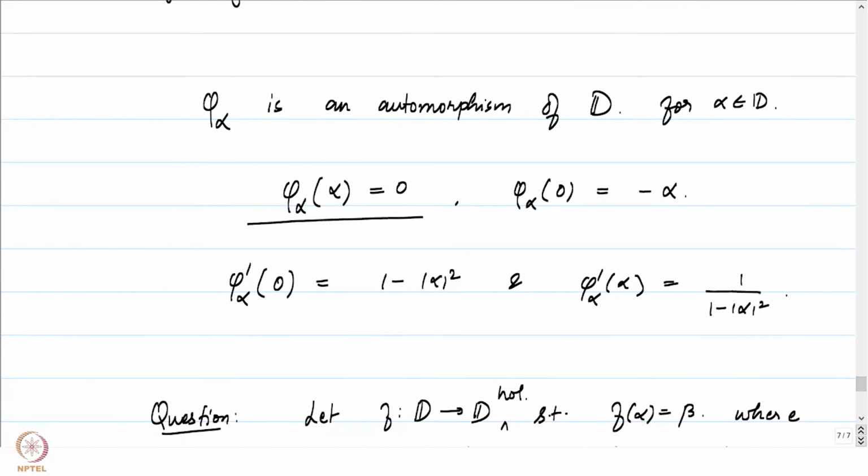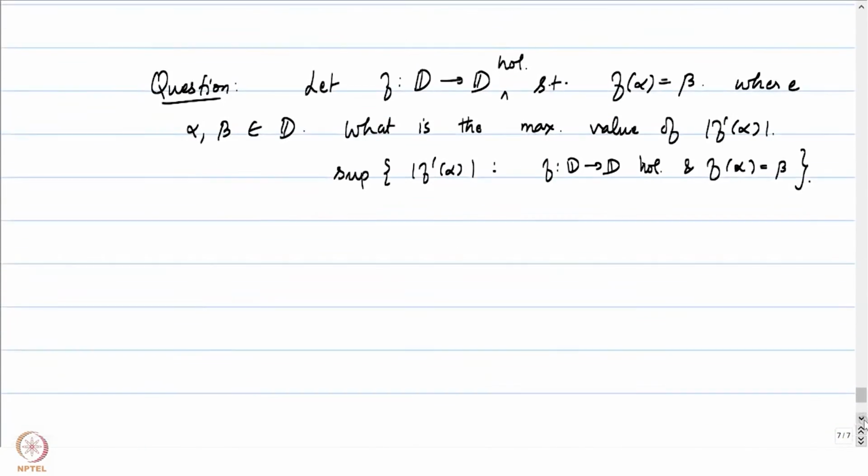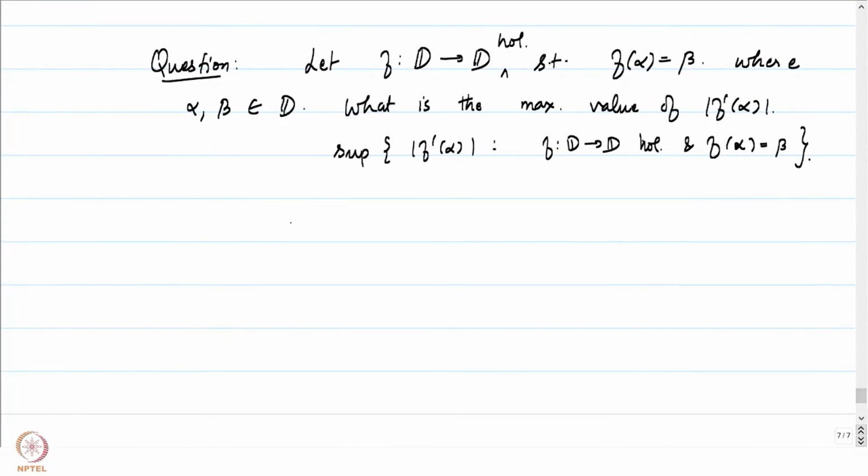Now let's try to answer this question, and the first thing to remember is that phi alpha of alpha is 0 and phi minus alpha of 0 is going to be equal to alpha. Both are things which we should be using very crucially here, because if you compose f with phi minus alpha, then phi minus alpha will take 0 to alpha and f will take alpha to beta, and if you compose further with phi beta, beta is going to be mapped to 0.